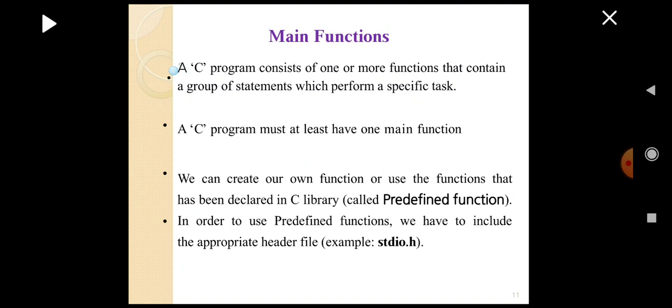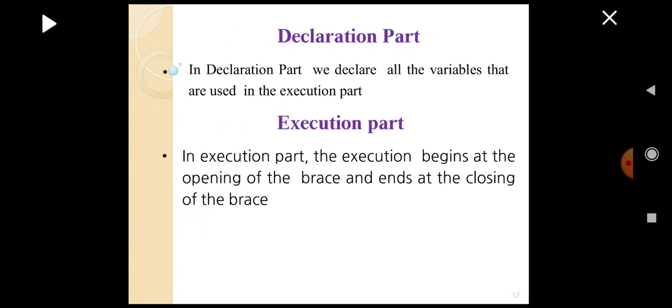In order to use predefined functions, we have to include their appropriate header files in our program. Declaration part has all the variables which are going to be used in our program. An executable part has a set of statements and it begins at the opening of the brace and ends at the closing of the brace.